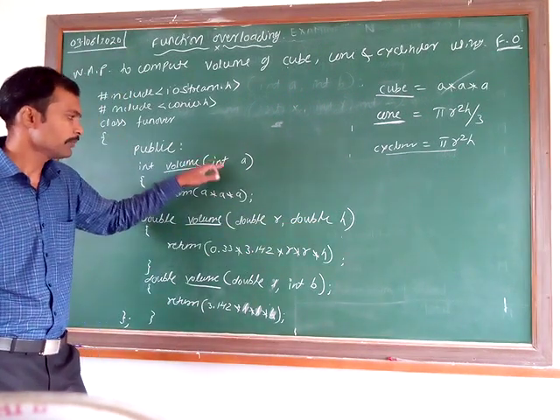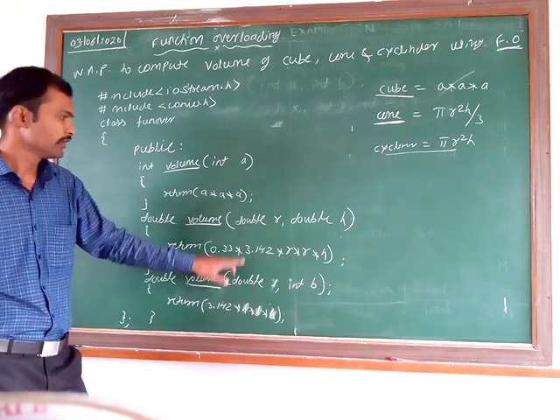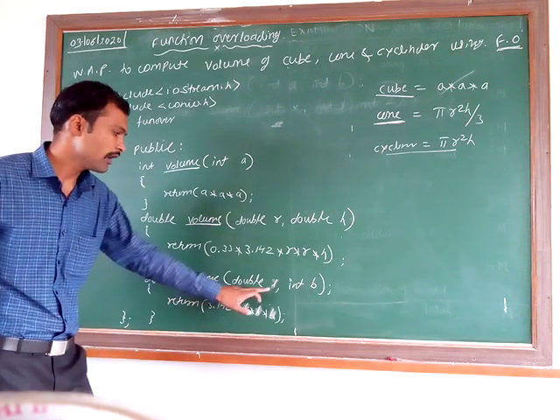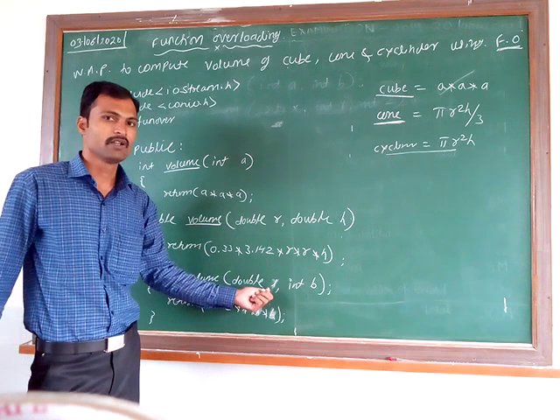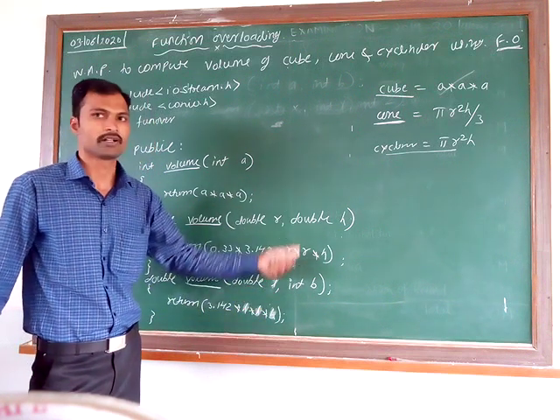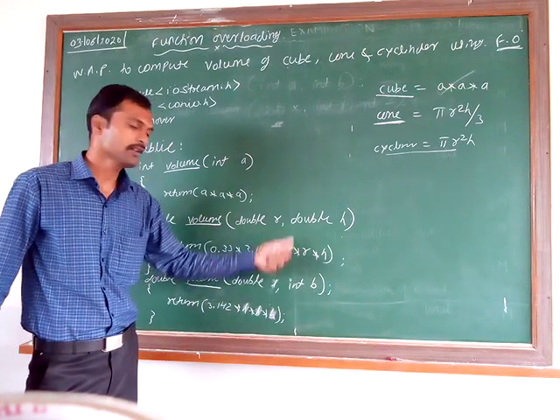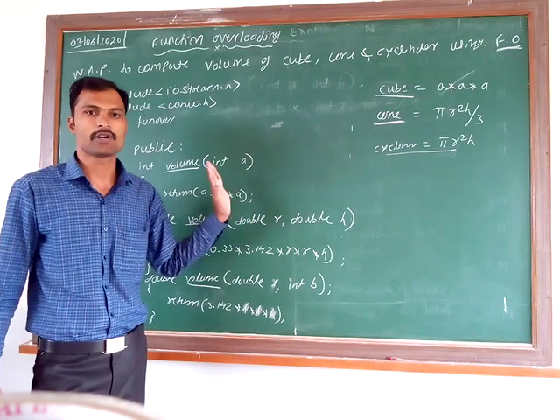The third function has double l and int b. The number of arguments is the same, but the types of arguments are different. So this is called function overloading.